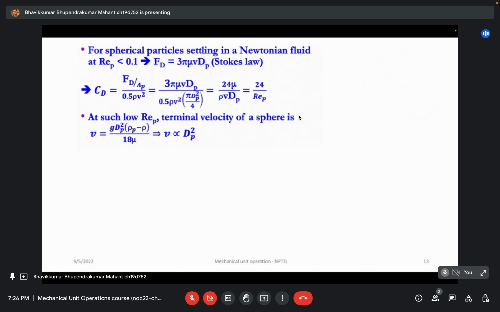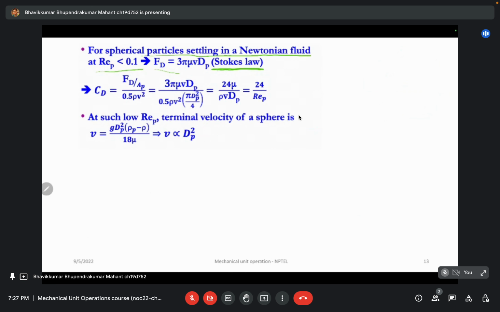So for understanding that, we go through the spherical particles: calculation of drag force, drag coefficient and terminal velocity. For spherical particles settling in a Newtonian fluid at Rep less than 0.1, there is the Stokes law region, so we have to follow the Stokes law.